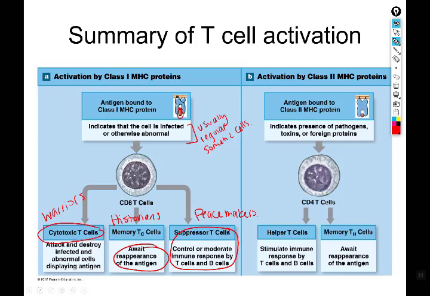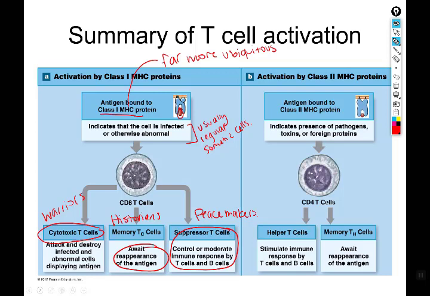Activation by class 2 MHC proteins. Remember, these are bound to antigen-presenting cells and other lymphocytes. So class 1 MHCs are more ubiquitous.